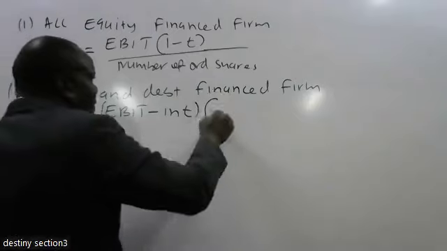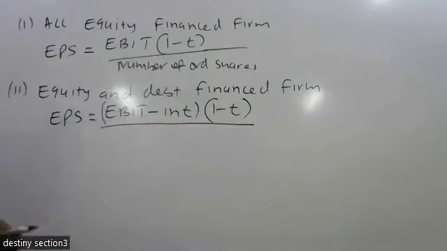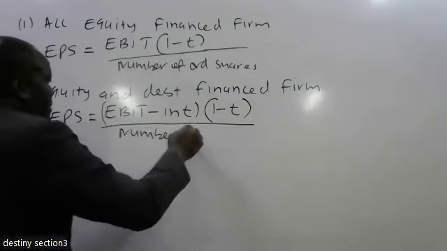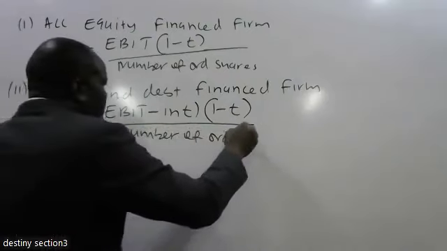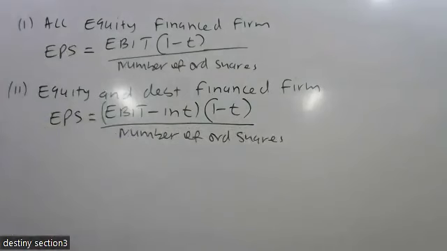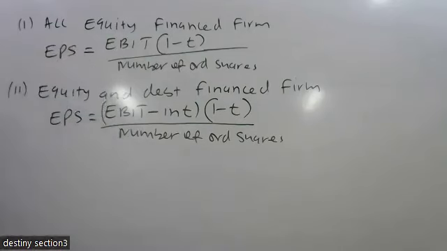Then after we subtract interest, we multiply by 1 minus the tax rate, then divide by the number of ordinary shares.